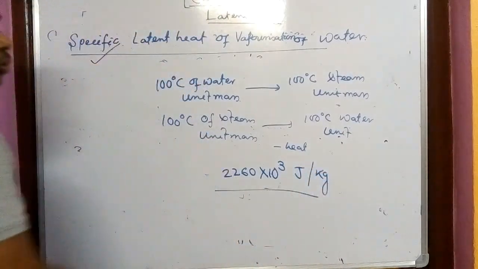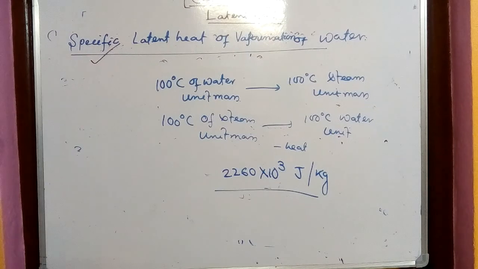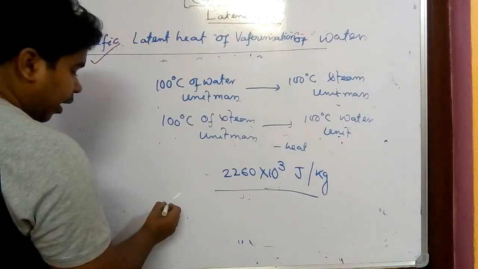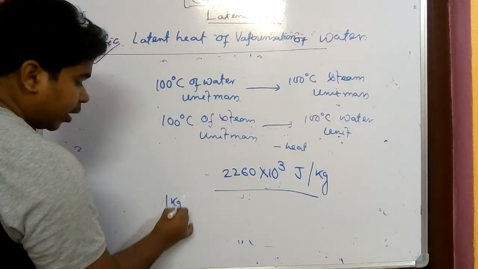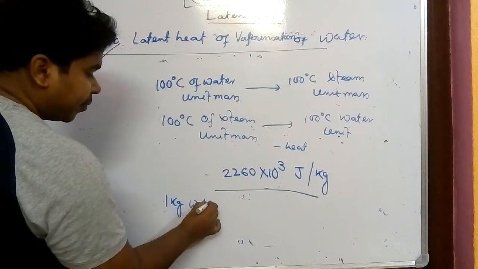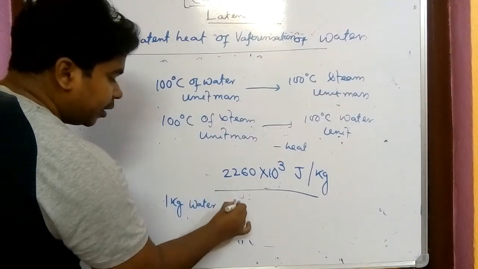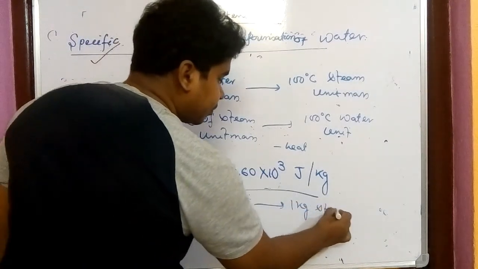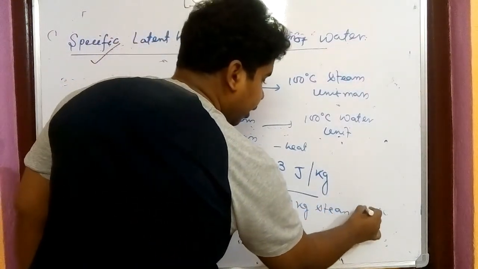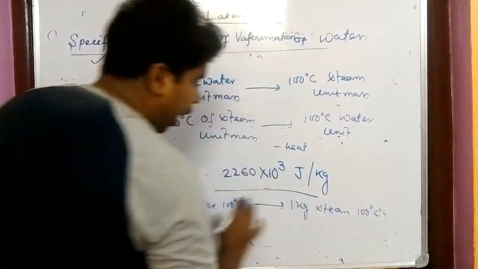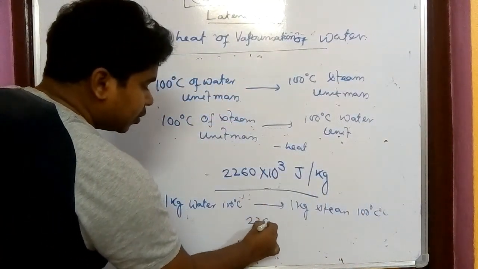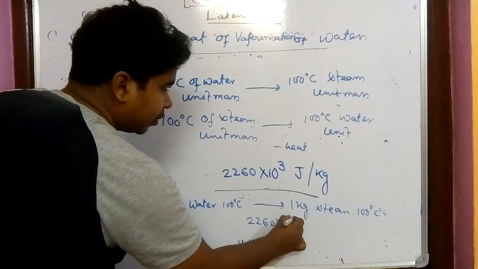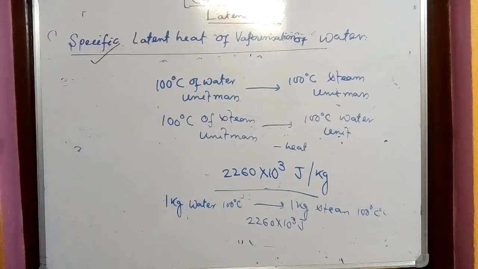By seeing the value, you can understand that it is not a small amount of heat. It's a huge amount of heat. For converting 1 kg of water at 100 degree centigrade to 1 kg of steam at 100 degree centigrade, you have to supply 2260 into 10 to the power 3 joule of heat.